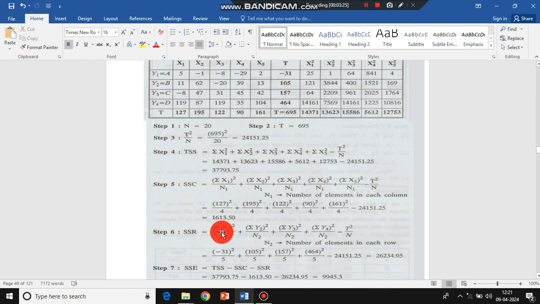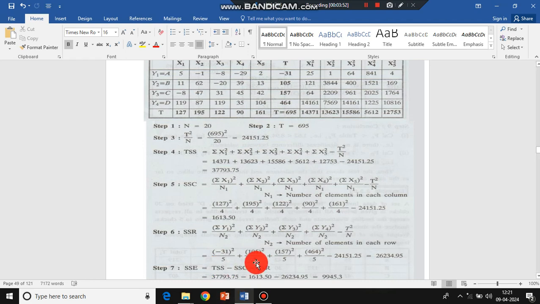Now what is summation of y1? It is minus 31. So minus 31 squared divided by how many elements are there in the row? 1, 2, 3, 4, 5. So that 5 we have to write here, plus the second sum, summation of y2 equals 105.